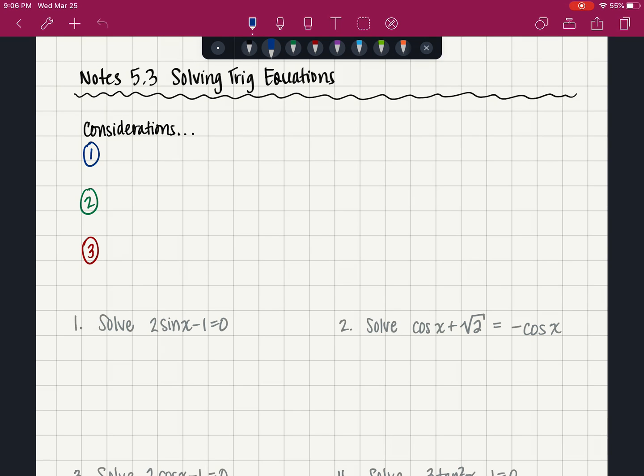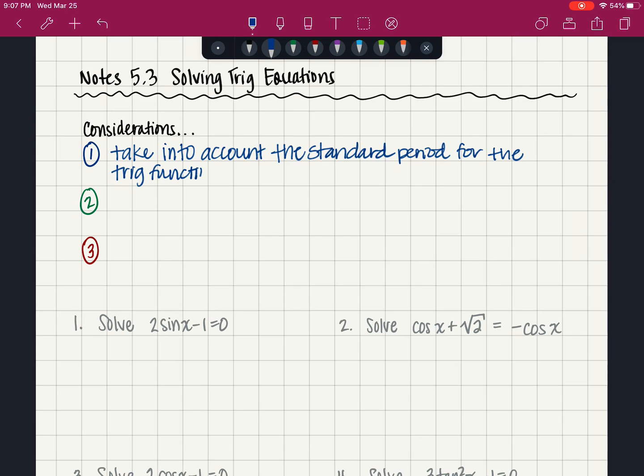We are going to have to take into account the standard period of the trig function we're solving for. So take into account the standard period for the trig function involved.